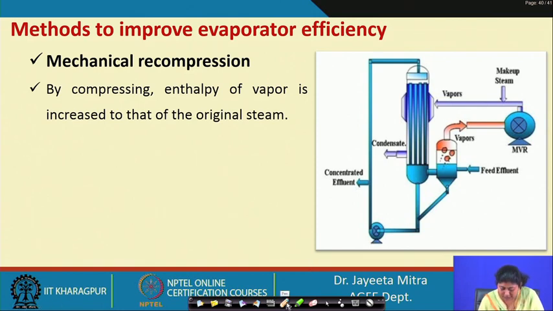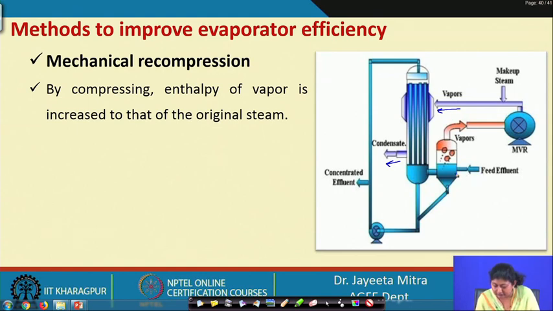If we look into this diagram, this is a single effect evaporator, where steam is entering from this section, and that is condensing, condensed liquid is coming out from this side.